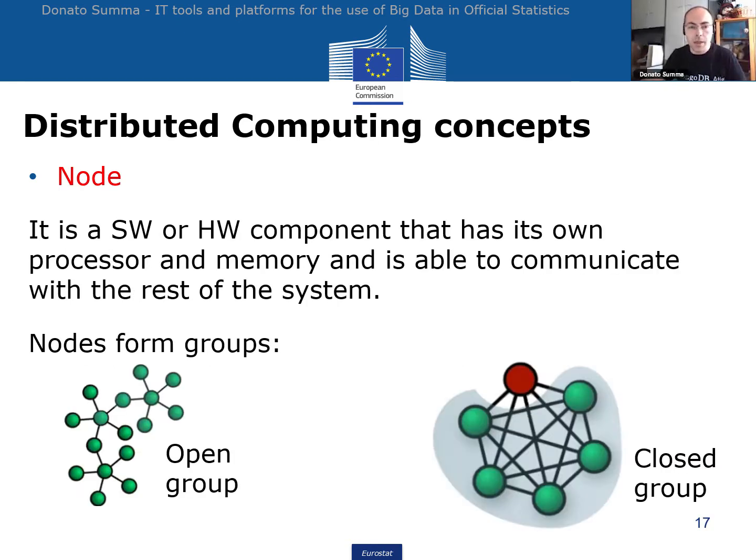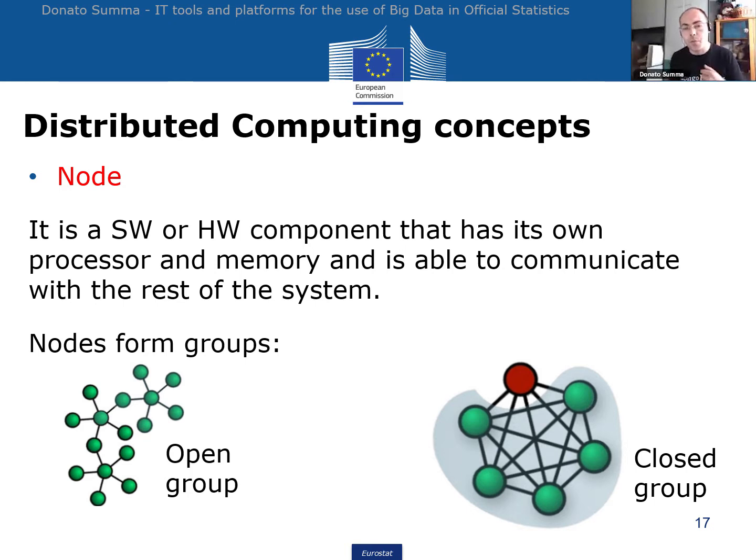What's a node in a distributed system and therefore within distributed computing? A node is a software or hardware component that has its own processor and memory and is able to communicate with the rest of the system. Basically, a node is a computer in a network.